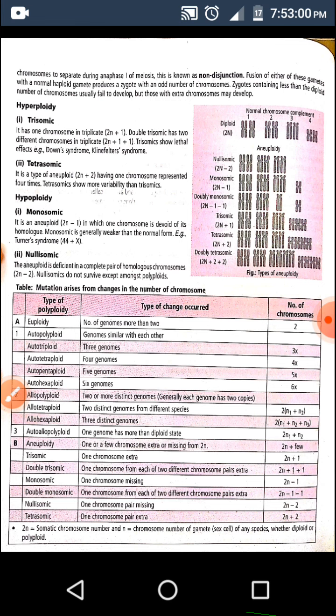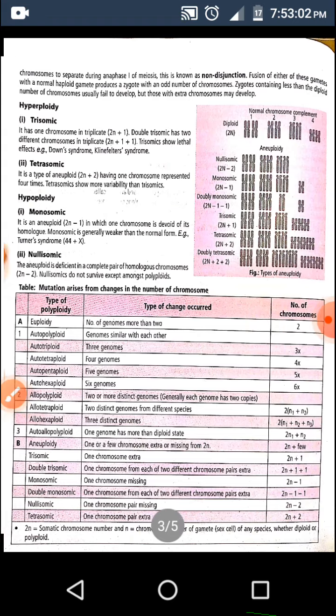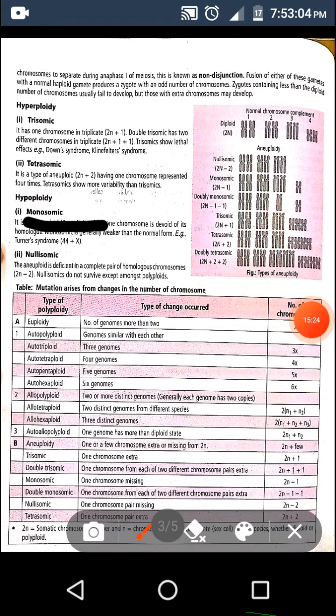Then hypoploidy, where hypo means a reduction or loss of chromosome.